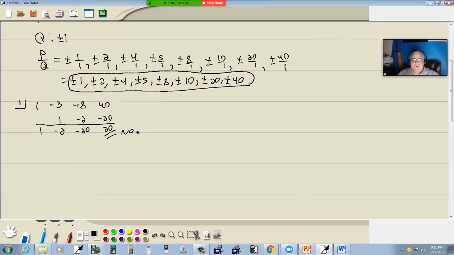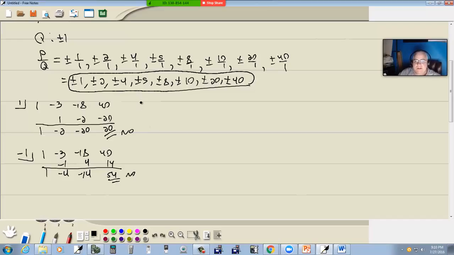We're looking for zeros or remainder. Zeros or remainder tells us we found an answer. That doesn't work. So let's plug in negative 1. So 1, negative 3, negative 18, 40. So add, multiply, add, multiply, add, multiply, add. That doesn't work.